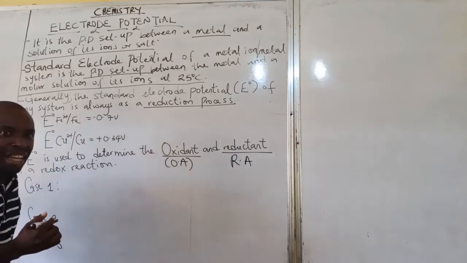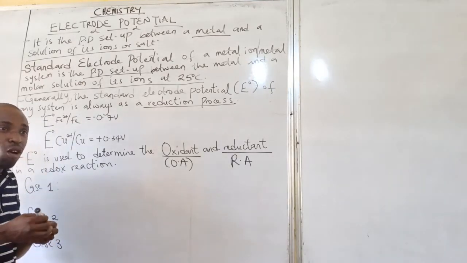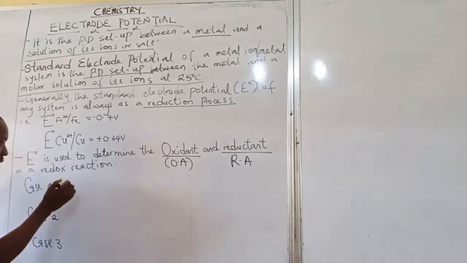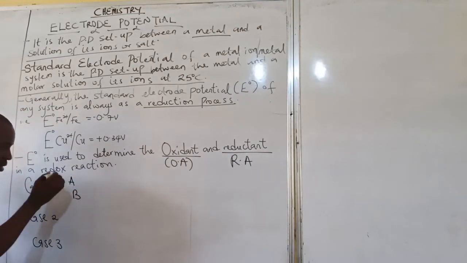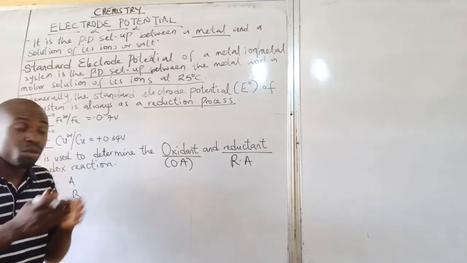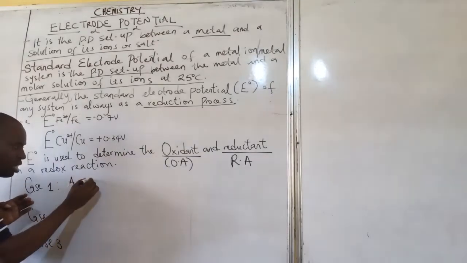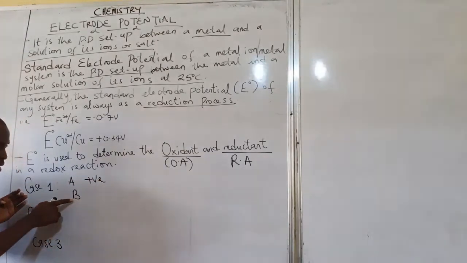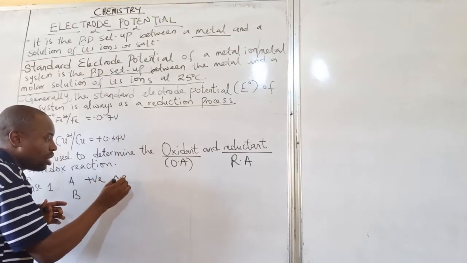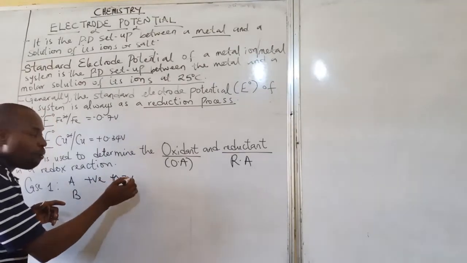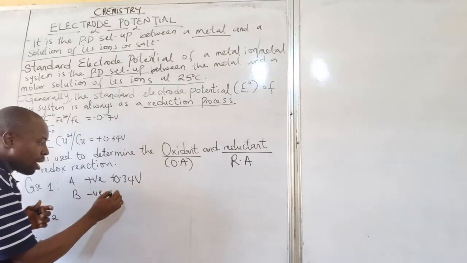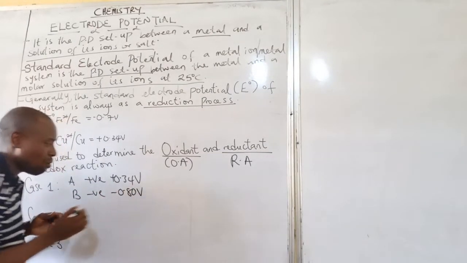Now, for case one, what should we understand here? There are cases whereby the standard electrode potential of two substances or two systems, let's say A and B, can be such that A is positive, for example plus 0.34 volt, and B is negative, let's say minus 0.80 volt.